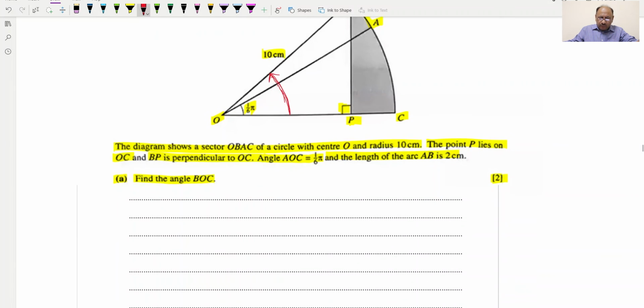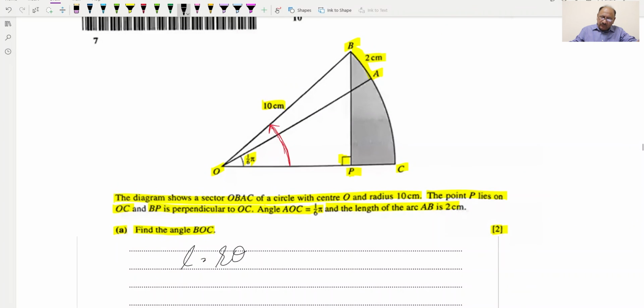Now what we can do is apply the sector formula. So L will be equal to R theta, and L is 2 centimeters. We are applying this on this sector.